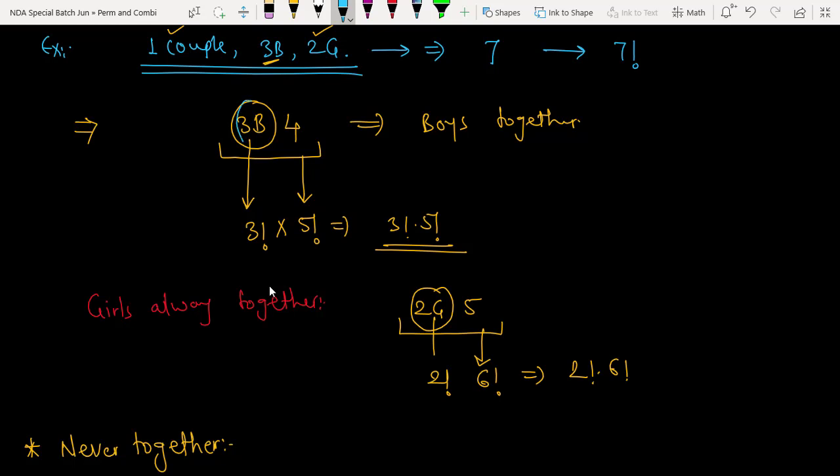So this circle is one distinct object, and these are the 4 remaining people. So this 4 plus this one group, total 5 distinct objects. So those 5 distinct objects I am arranging in 5 factorial ways. Okay. Is this okay?